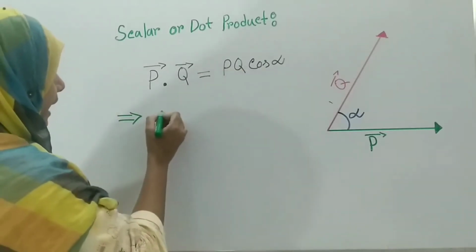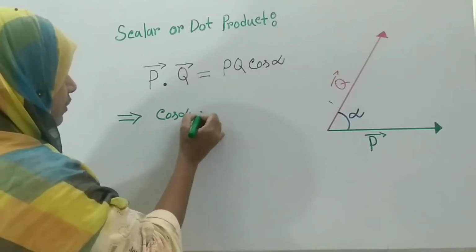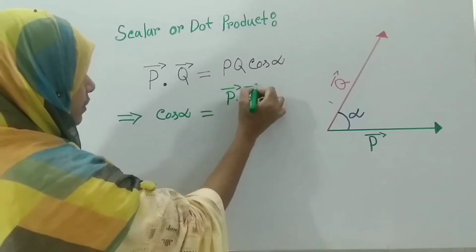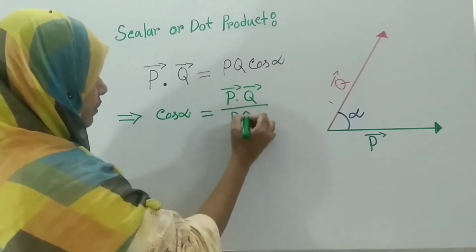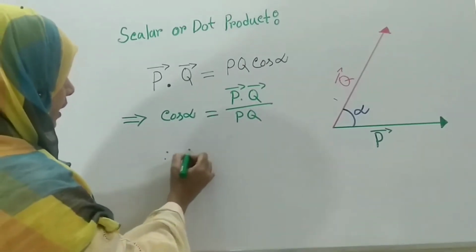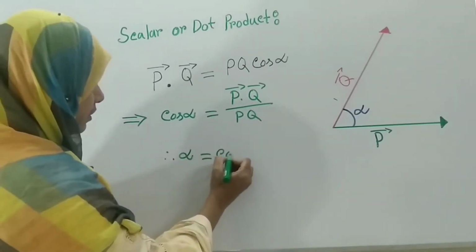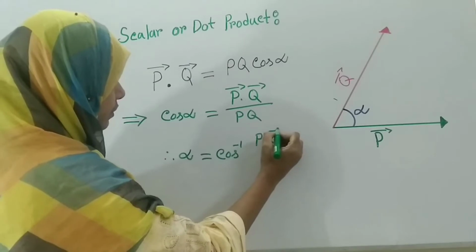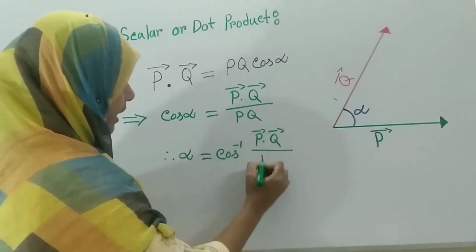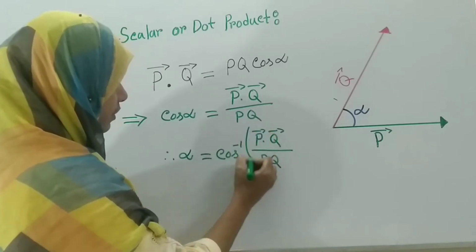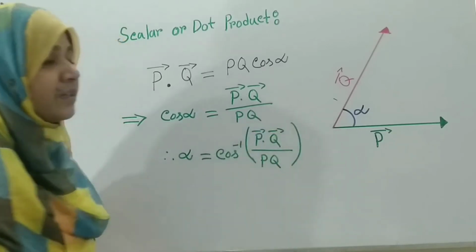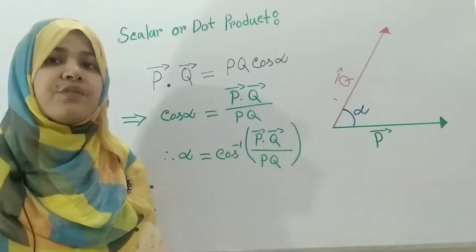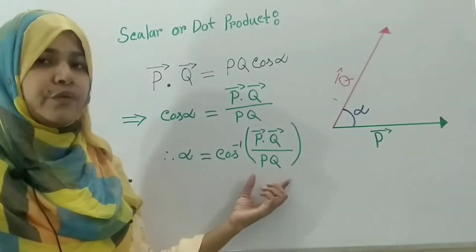So we can write that cos alpha equal to P dot Q divided by P Q, or alpha equal to cos inverse of P dot Q by P Q. So this is another property of scalar product. With the help of scalar product, we can easily identify the angle between two vectors.